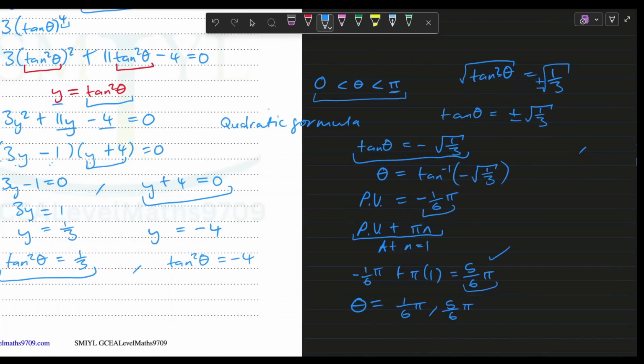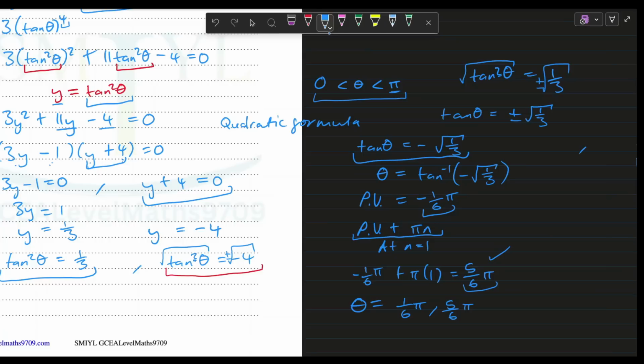And then we had another equation here, which is tan squared theta is equal to negative 4. So here, to get rid of this power 2, you take the square root of both sides. Okay, don't forget plus or minus. But now we've got a problem. Here we're taking the square root of negative 4.